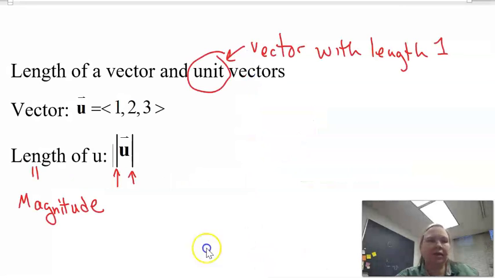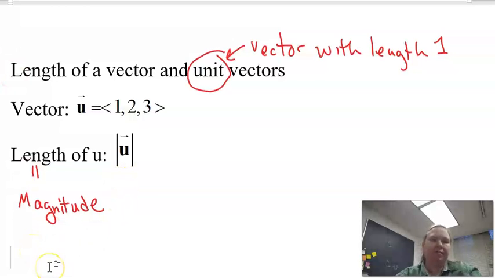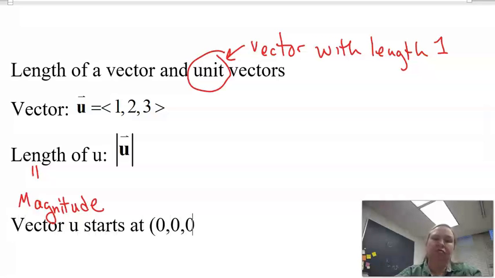So back to my numbers, I can think of that vector as starting at a particular spot, usually the origin, and ending at a point.